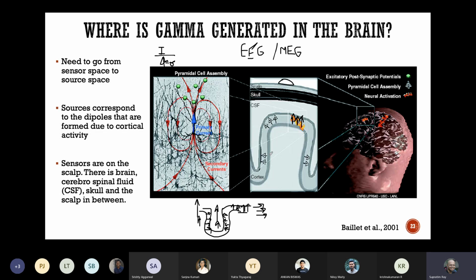Okay, so the reason why this is a complicated business, going from the source to the voltage here, is because you've got multiple things: the CSF, the skull, and the scalp and the skin, and they all have different conductances. Their conductances are not the same.